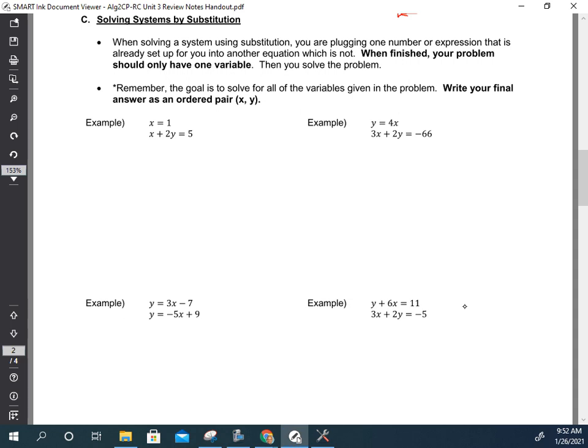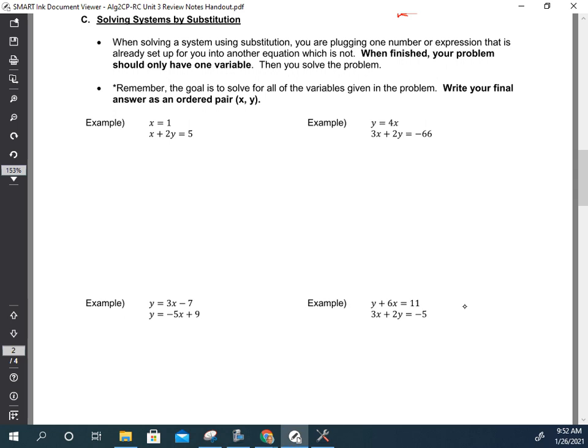Second way to solve the system is by substitution. Substitution is just like when you play if you're an athlete, if you're a sub, you go in for the starter. It's the same way in math. If you work, you go on break, someone else is going in for you while you're on break.